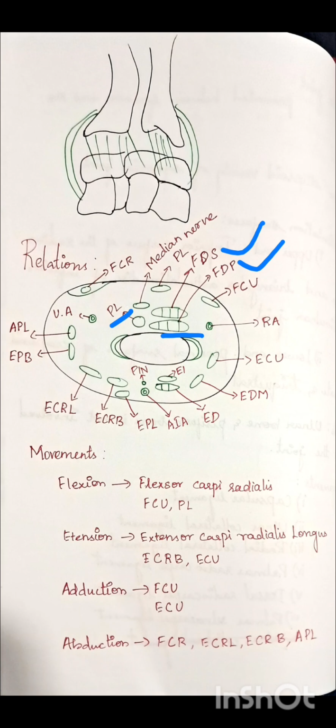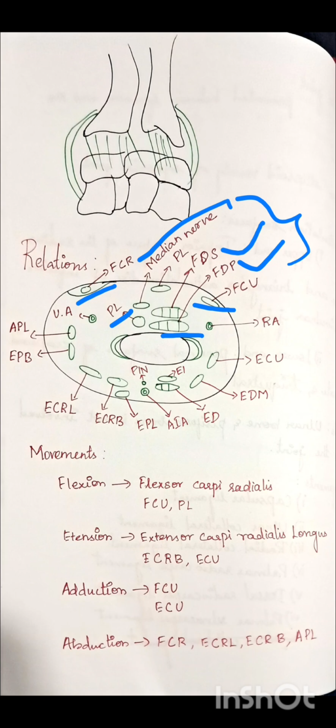As we know, the flexor retinaculum has superficial structures and deep structures. Coming to the deep structures, we have flexor digitorum superficialis, flexor digitorum profundus, and palmaris longus. And coming to the superficial structures, we have flexor carpi radialis, flexor carpi ulnaris, and the deep structures include the median nerve. Again, these are the structures of the flexor retinaculum.